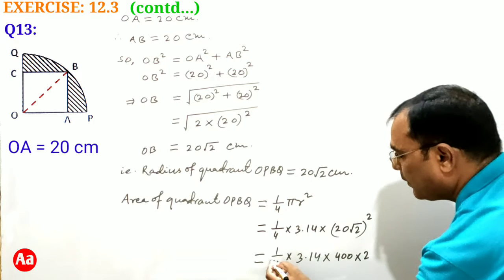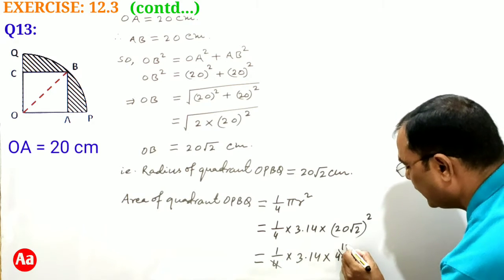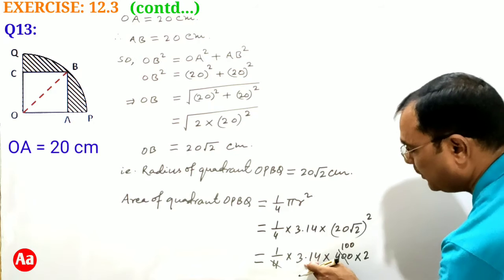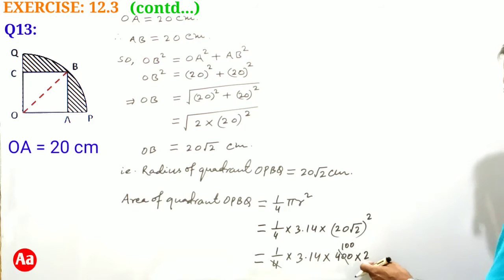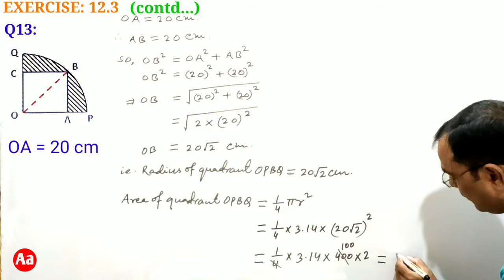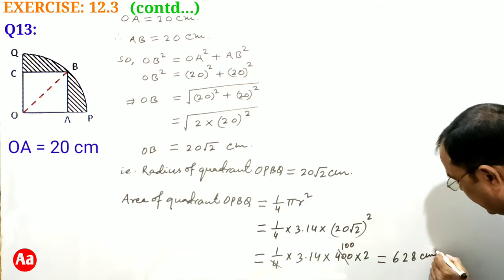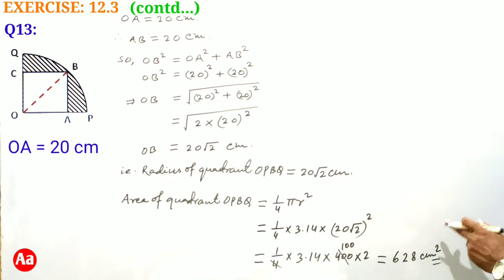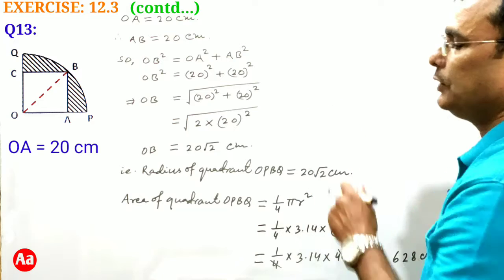So 400 times 1 by 4 is 100, into 3.14 is 314, into 2 equal to 628 centimeter square. This is area of the quadrant.